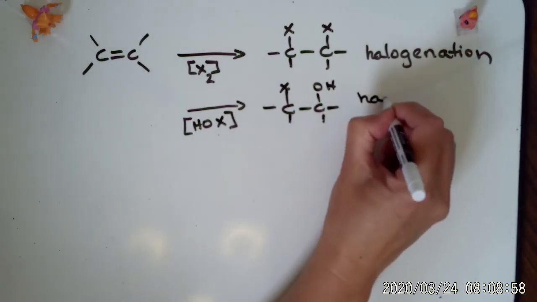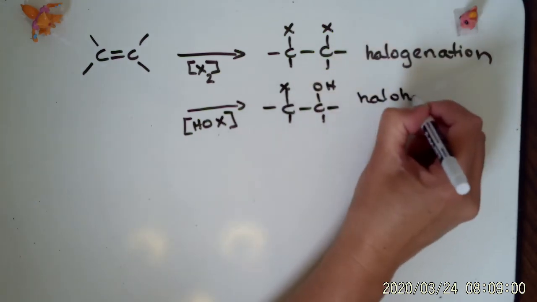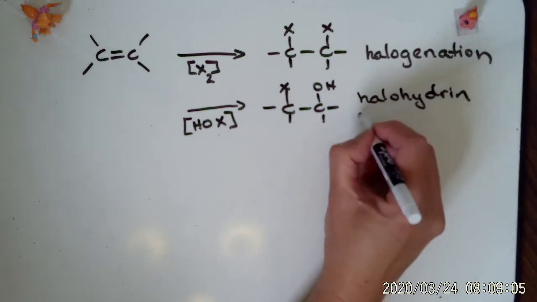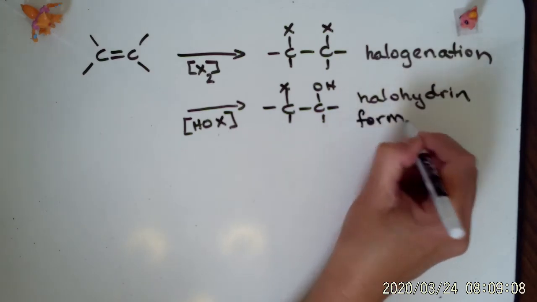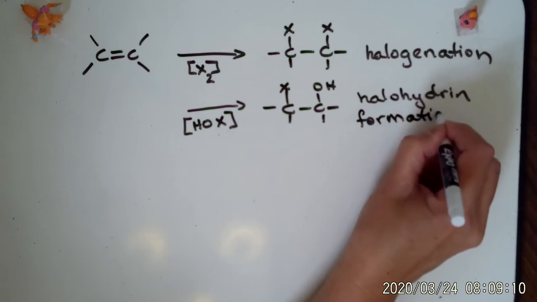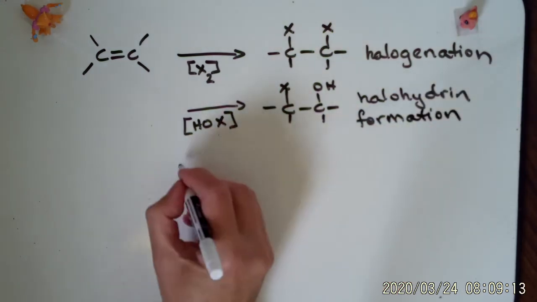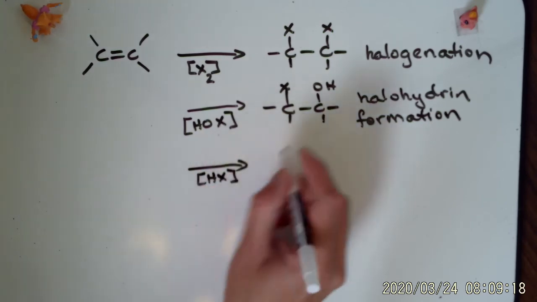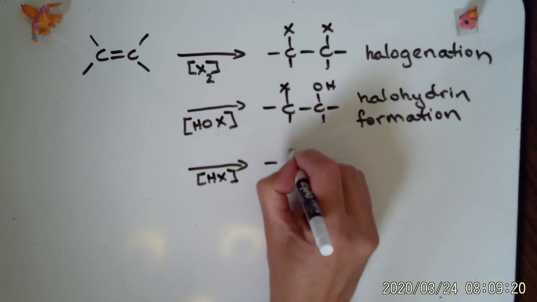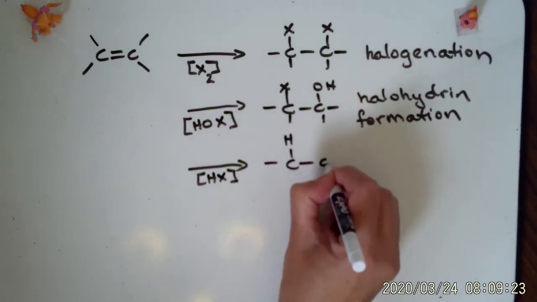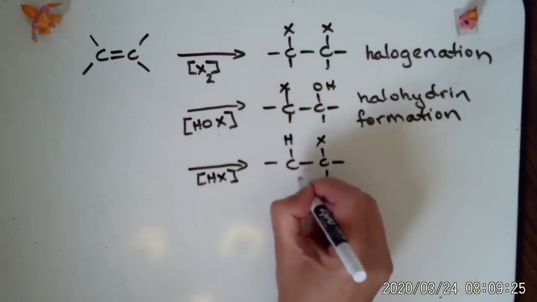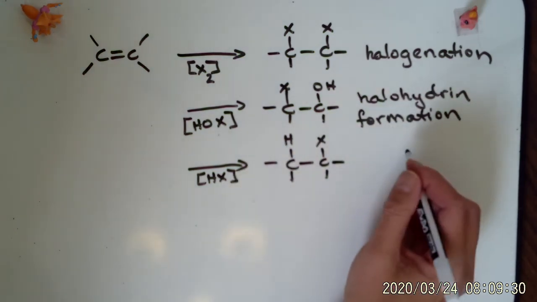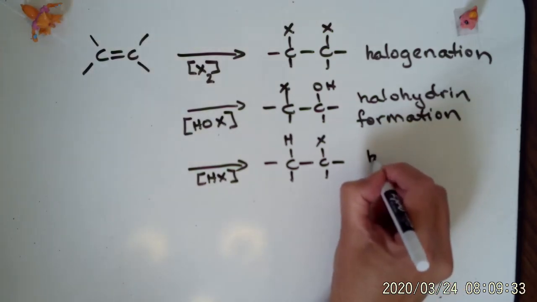It's called halo or halogen hydrin, formation of the halohydrin. Okay. Just a regular addition of HX. Okay. This is called hydrohalogenation.